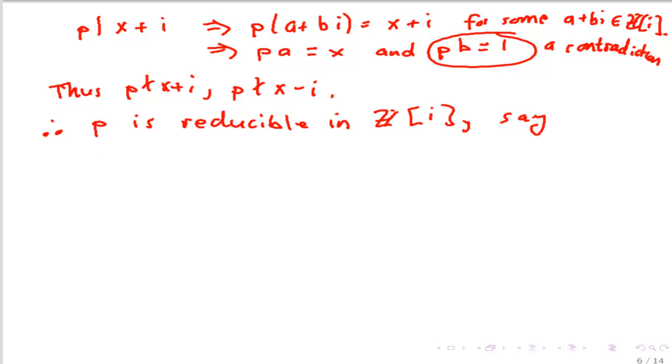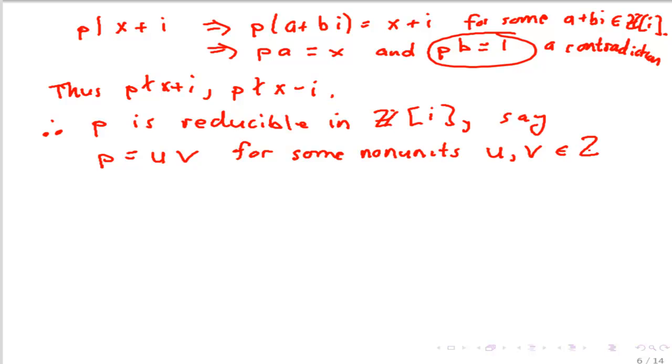Say p equals u times v for some non-units u and v. So remember, the Gaussian integers we showed was a unique factorization domain. So we can do all of this type of factoring for some non-units u and v in Z[i].